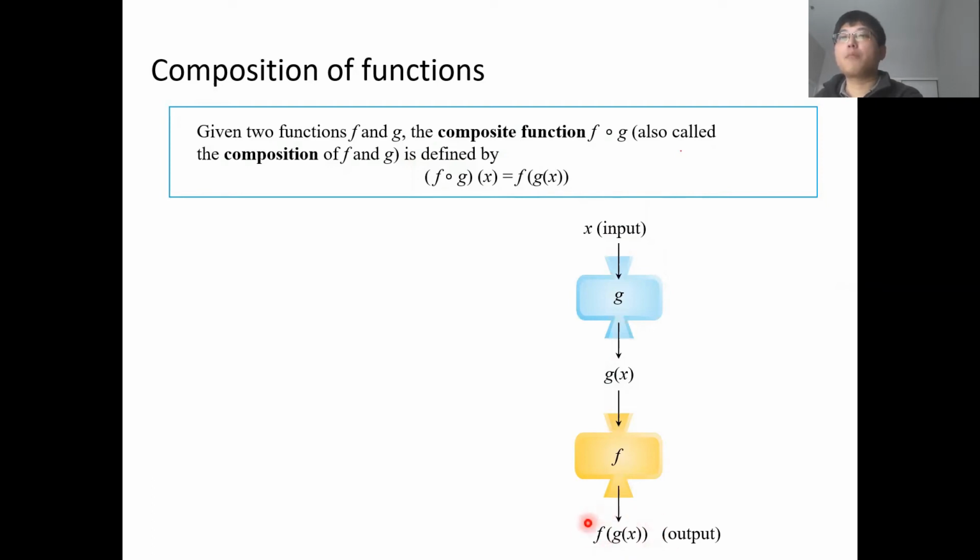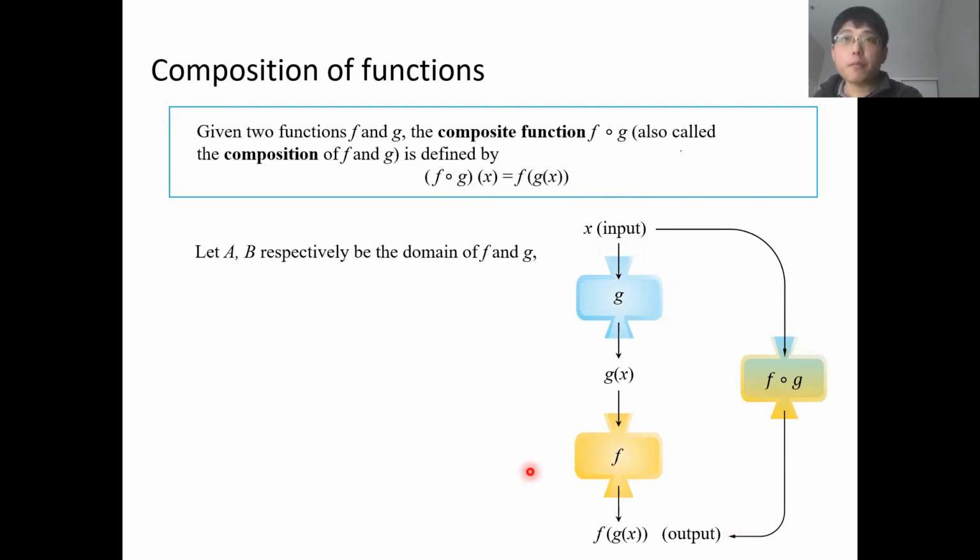All right, so we simply define f circle g to be accepting this x as the input and giving out f of g of x as the output. So this is just the machine interpretation of the composite function.